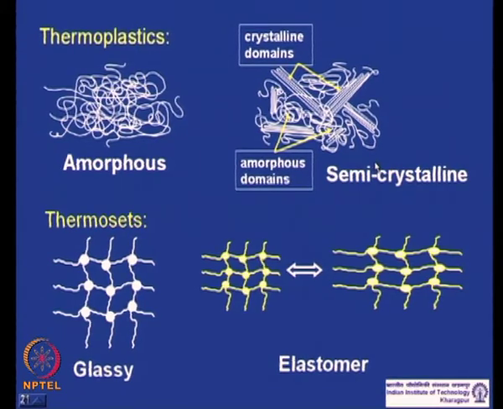Now the polymer properties. Thermosets, which we talked about on the last page, can be glassy or elastomer. As I said, they are a cross-linked network, and if the chains between the network points have flexibility, which happens if the temperature is above their glass transition temperature, then they can be stretched.